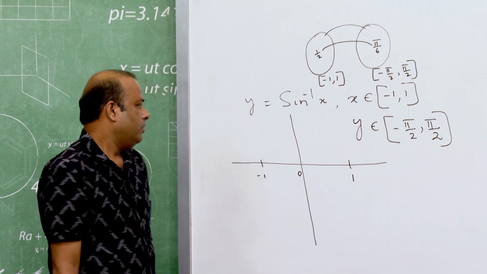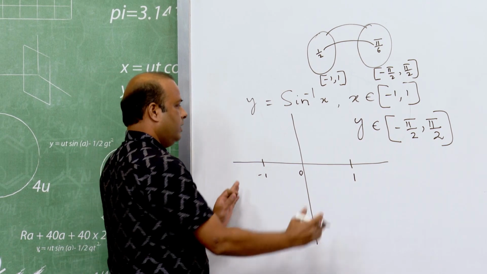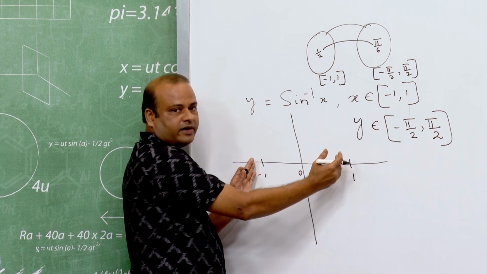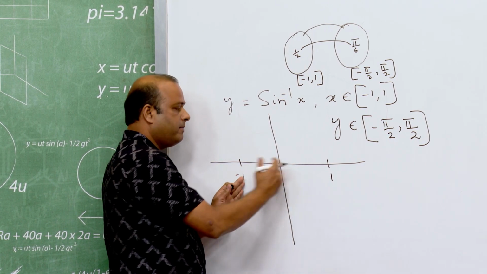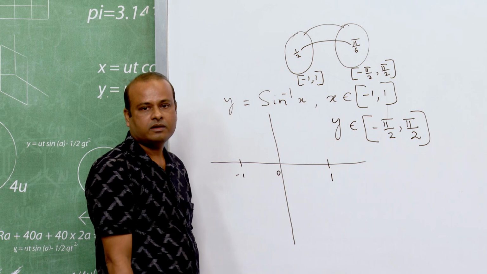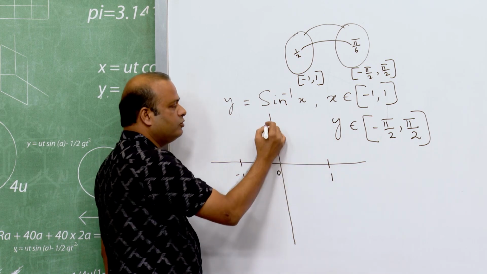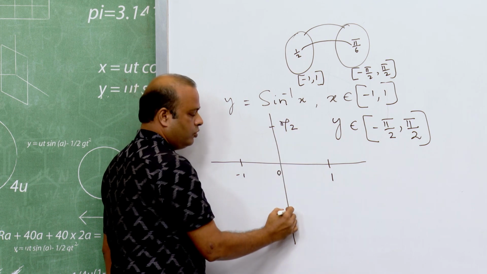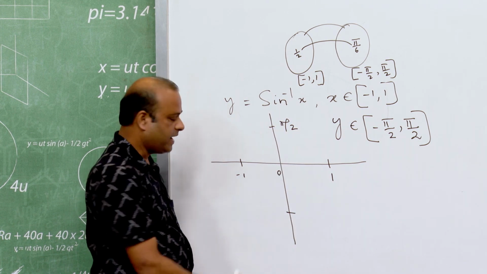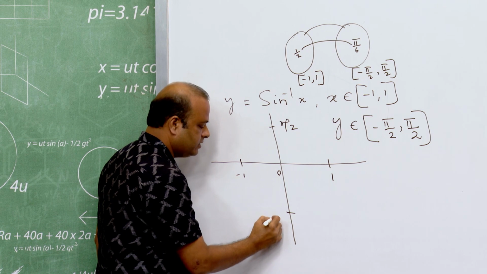So, the values of x lie between minus 1 to plus 1. Similarly, the values of y lie between pi by 2 to minus pi by 2, right.